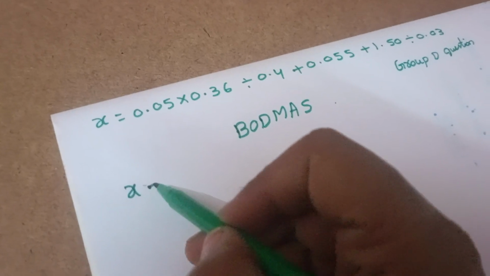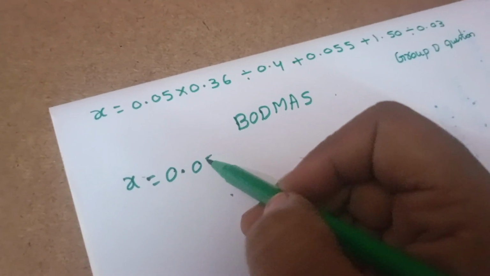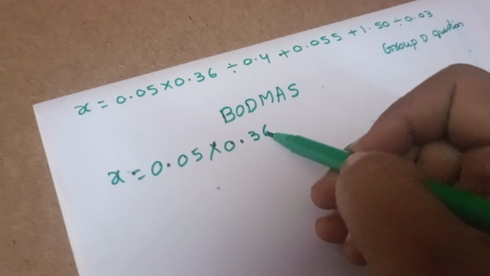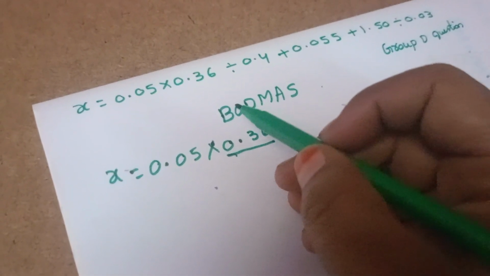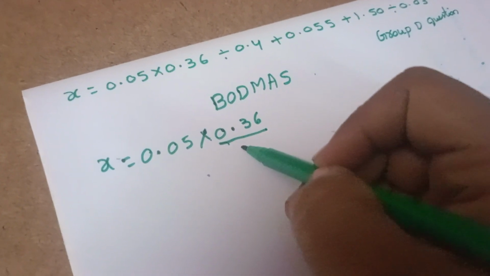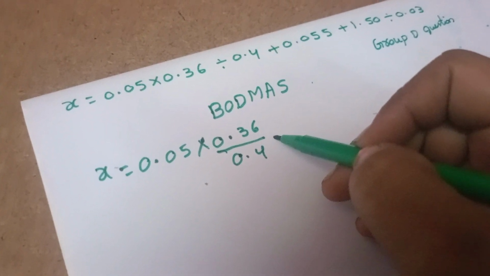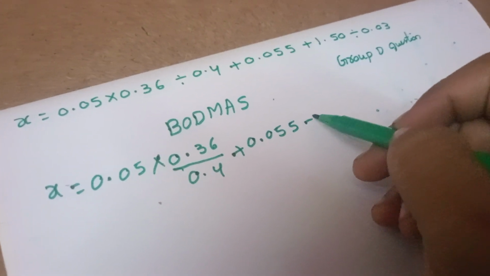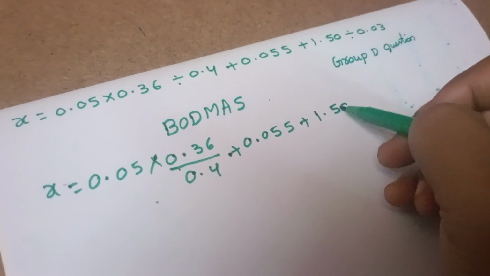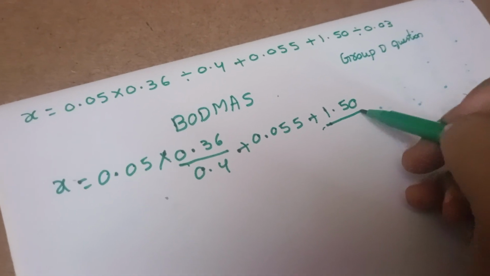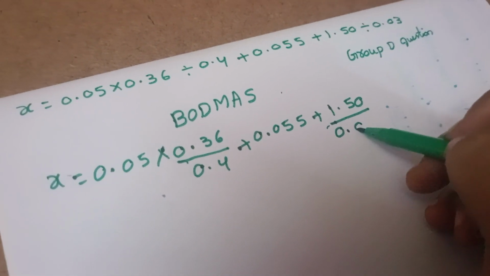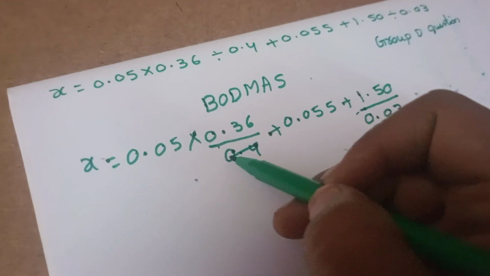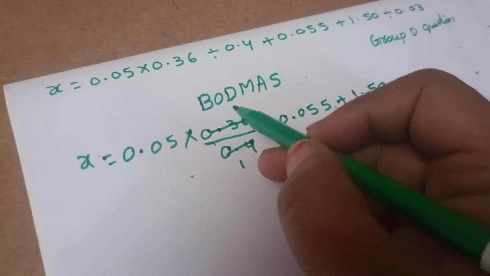Next, x equal to 0.05 into 0.36 divided by 0.4 plus 0.055 plus 1.50 divided by 0.03. We are going to the first division, okay, 0.4 ones are 9s.